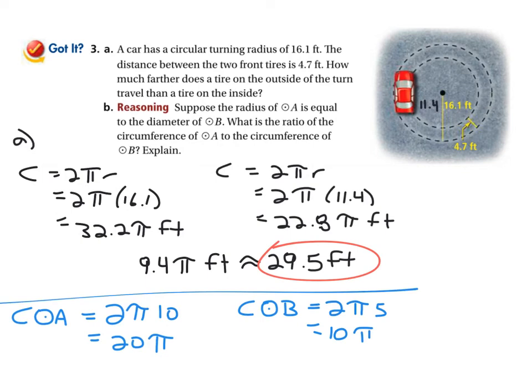And if we did the ratio of the circumference of A to the circumference of B, what we would get is 20 pi over 10 pi, which simplifies to 2 over 1. So if you double the radius or the diameter, you're going to get double the circumference. It's a direct linear relationship like that. Good to know. Let's keep going. There's a few more left.